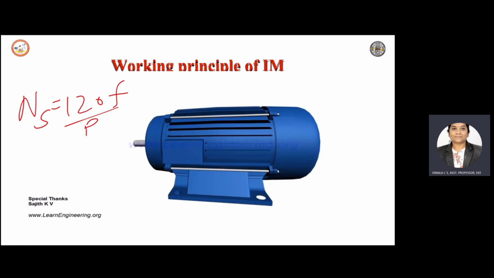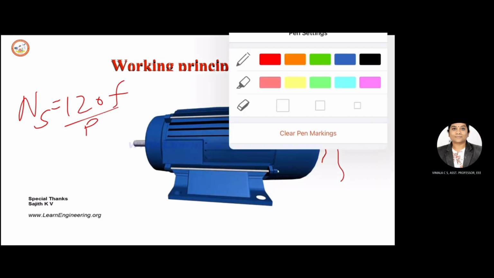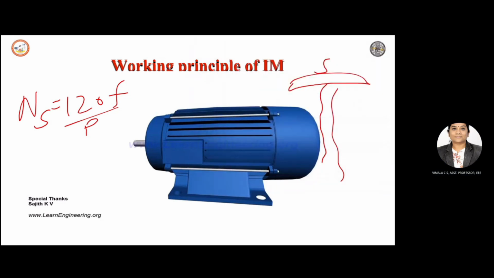The direction of rotation of the rotating magnetic field is clockwise. For example, if you observe here, this is the south pole, and there is a flux between the north pole and south pole. Let us place a conductor here.